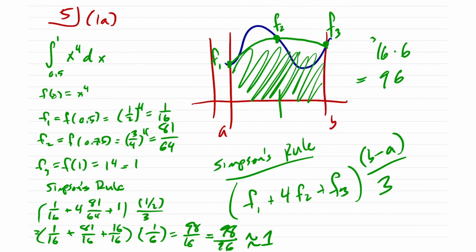Then they want to know what the error is after doing Simpson's rule. Let's see. I'm just looking it up so I can put that in. The error committed by Simpson's rule, I think this is part 6 or whatever. Yeah.